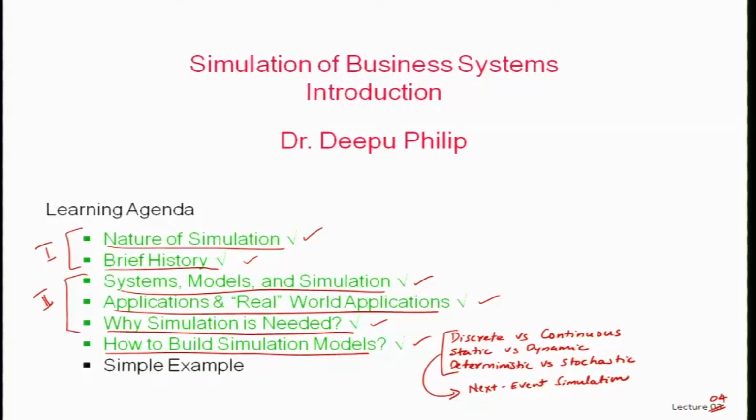We also talked about what we call the timing mechanism, and we understood the concept of simulation time. This much we covered in the previous lecture, which was lecture 3. Now today we are going to get into a simple example. We want to see a simple simulation system and see how the principles that we have studied so far come together into a single concept and how it actually works.